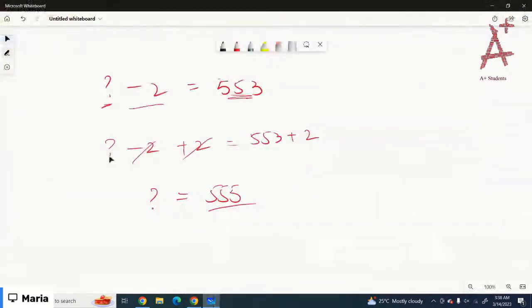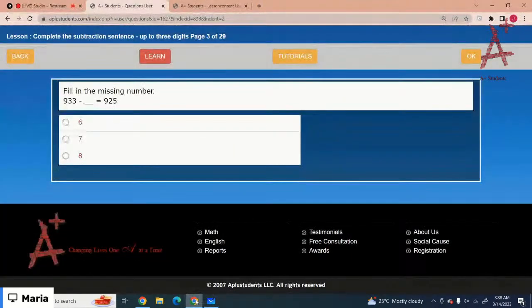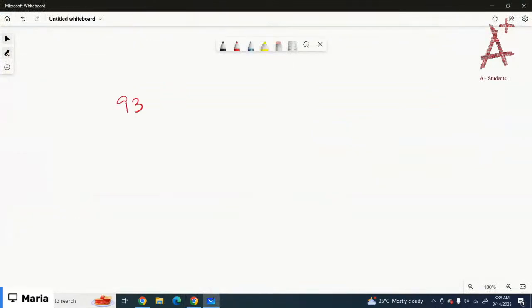Okay, the next one is 933 minus the missing number equals 925. Subtract 925 from both sides.